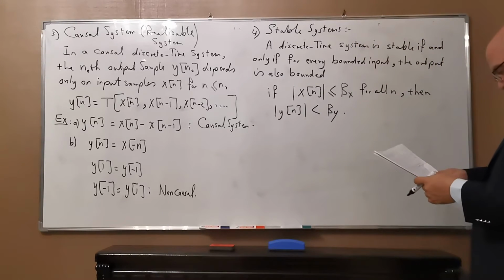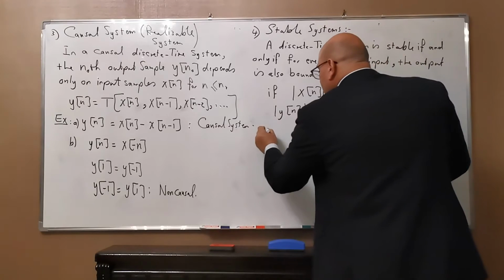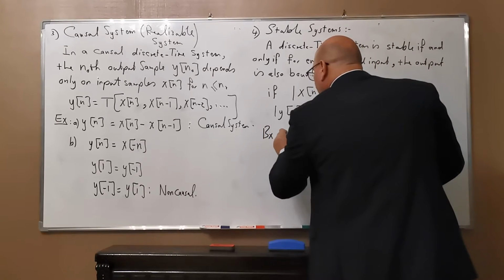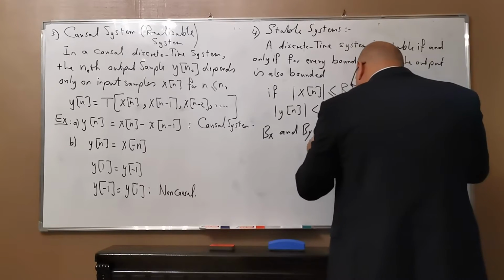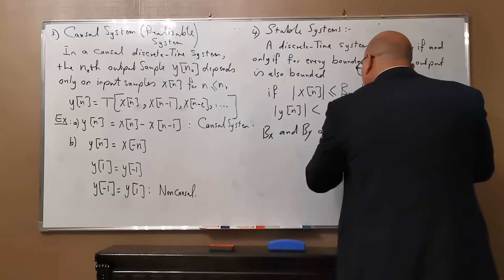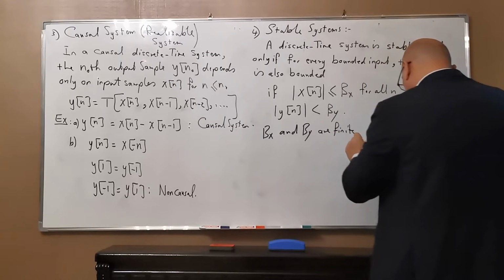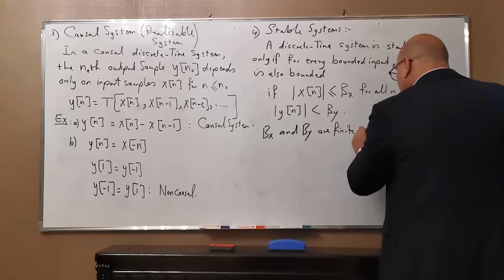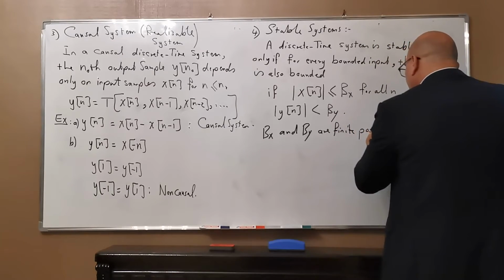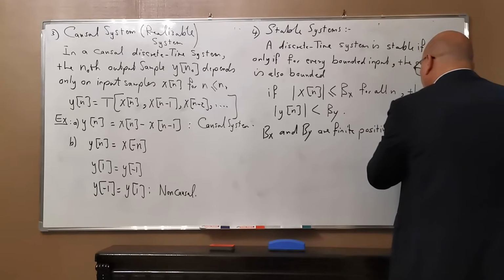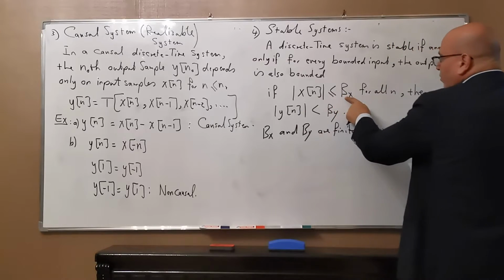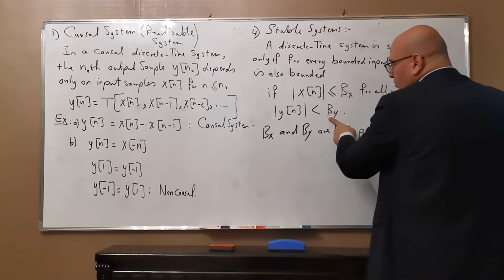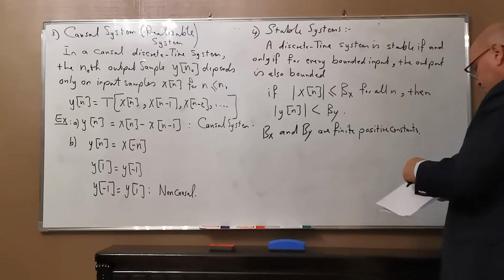So y of n is also bounded, where beta x and beta y are finite positive constants. And this is the upper bound of x, and this one is the upper bound of y.